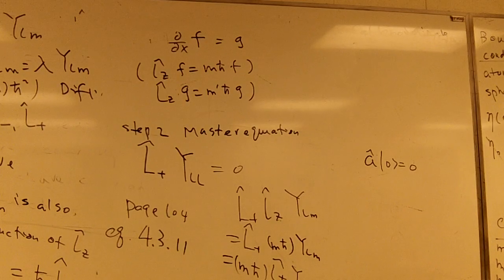So in that equation, we plug eta_l of phi equals 1 over the square root of 2 pi e to the i l phi into equation 4.3.13 to find an equation for G_l of theta.